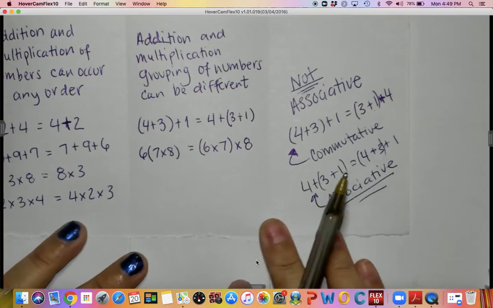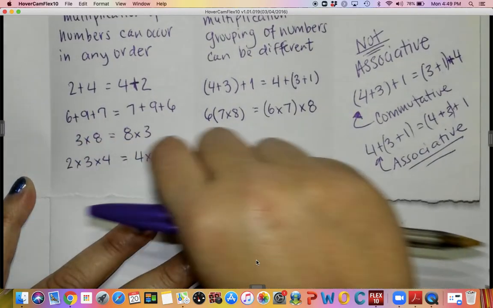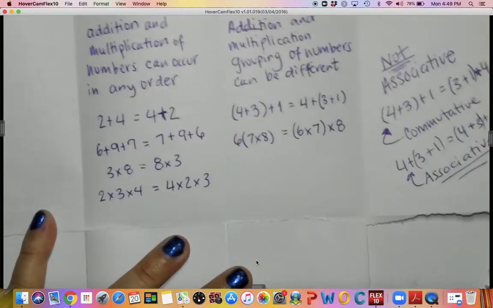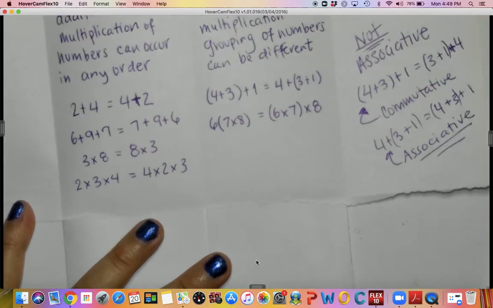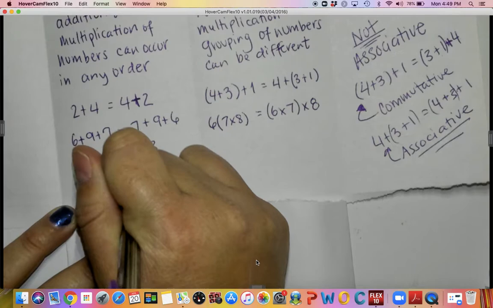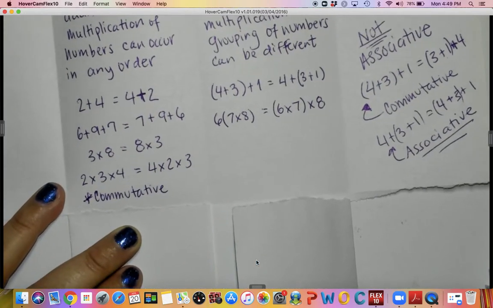All right, now I'm going to open both flaps, and hopefully you have room down here. If you don't have room down here to write, then put it on this flap. Commutative. I'll put a little star by it because it's important.